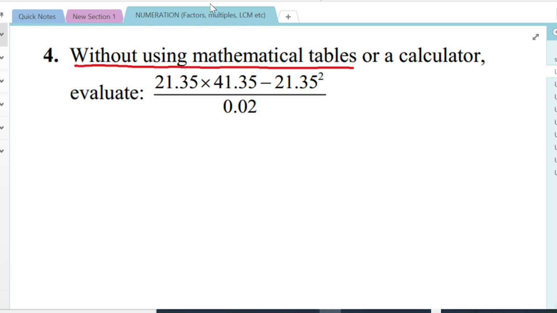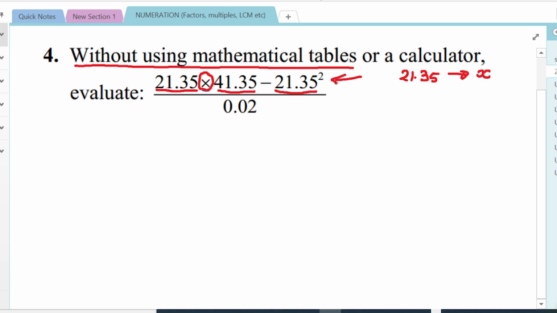Now let me try and simplify this for you. Are you seeing this 21.35 here? Then we have 21.35 multiplied by this number. Because of this multiplication sign, these two are bound together. Let's assume 21.35 is an unknown, x.